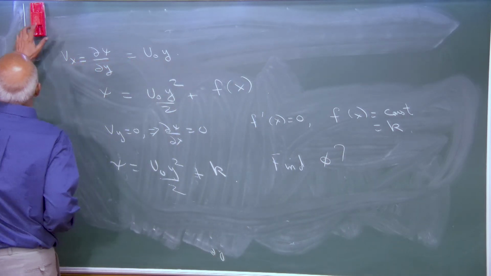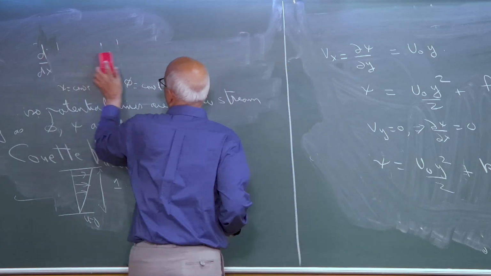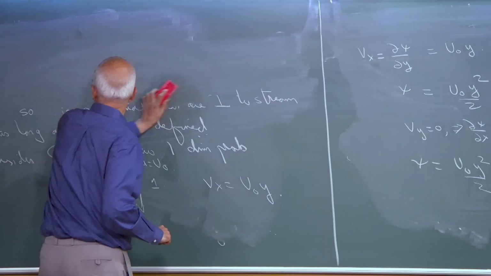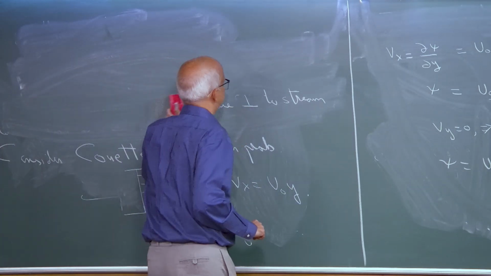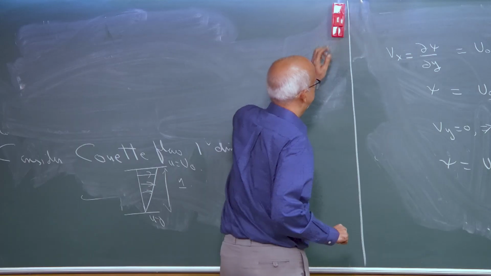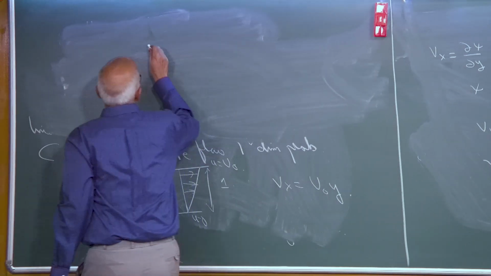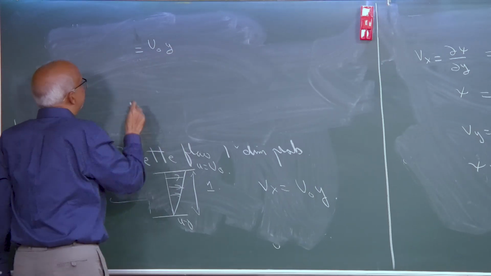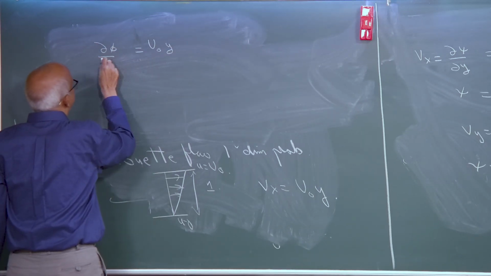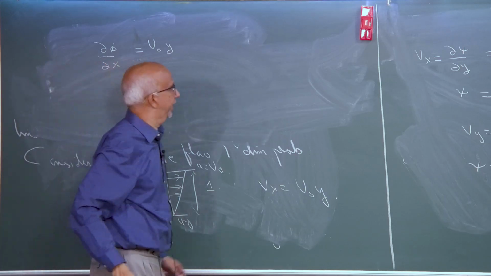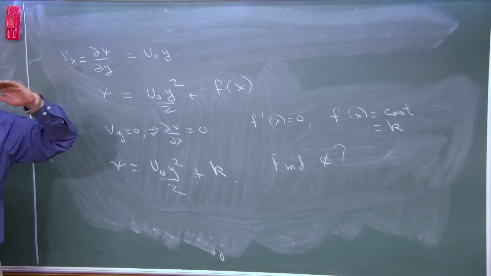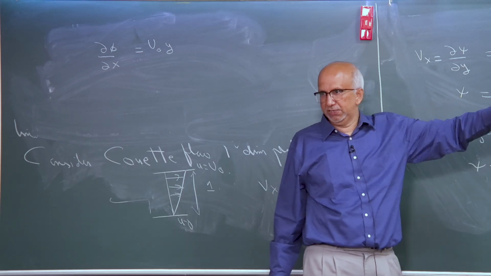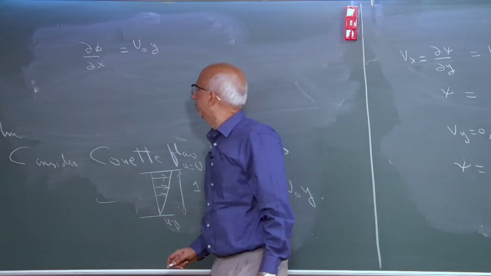So, how do I find phi? Given the velocity field, u naught y is d phi by dx, right. Vx is the x component of velocity field, in terms of potential it is d phi by dx, that must be equal to u naught y.